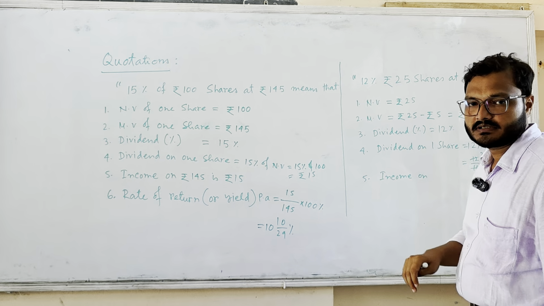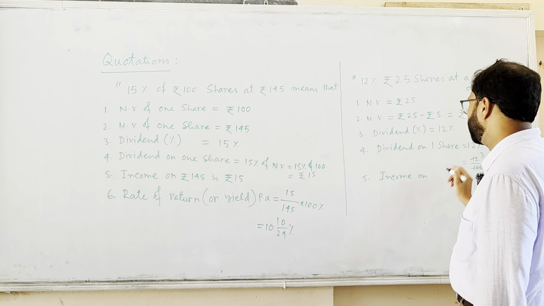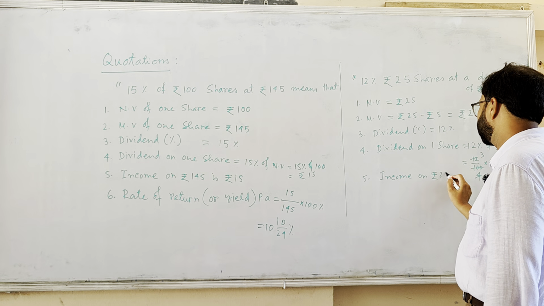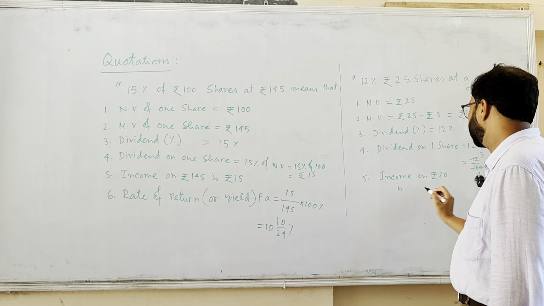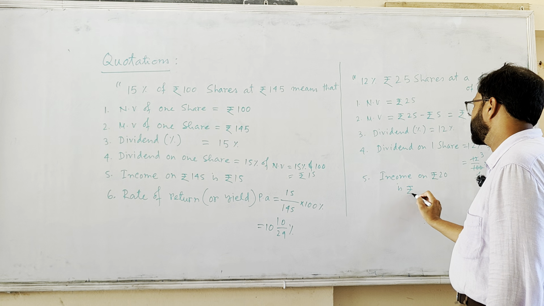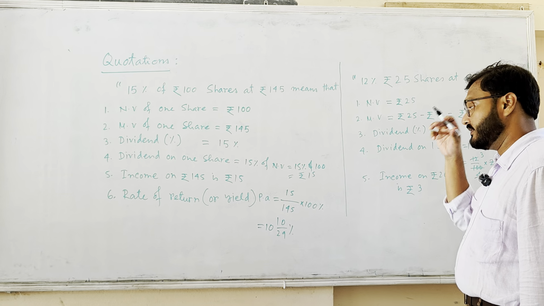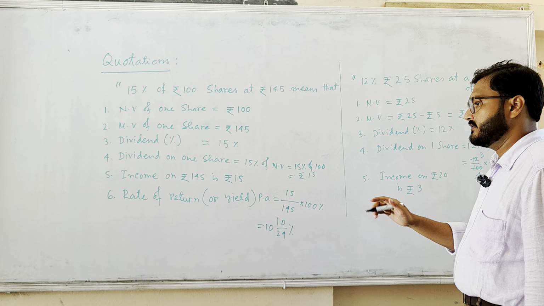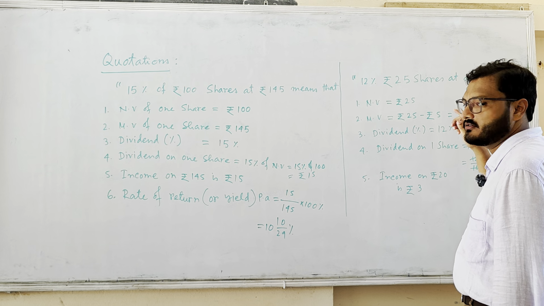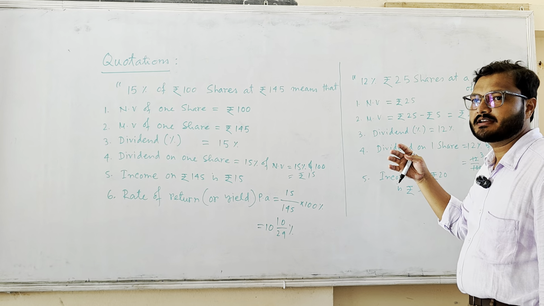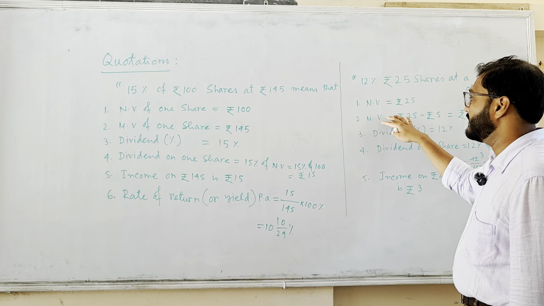Okay, next we will find the income on our investment. We invested 20 rupees and got rupees 3. I hope it's clear. So I purchased one share. Its cost price, or we should not use cost price here, it's actually the market value.